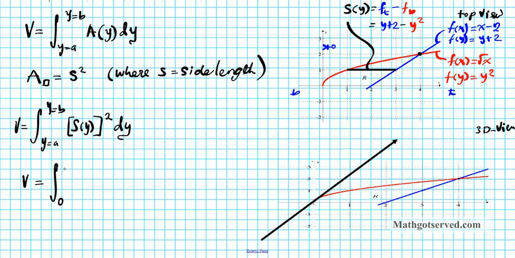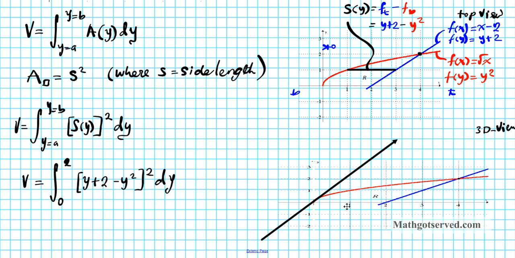So from 0 to 2, s of y squared, s of y is y plus 2, the function on the top, minus y squared, the function on the bottom. That's the length of a side of a square, but we're going to square to find the area, and then find the infinite sum of all those respective squares to generate the volume of the resultant solid. Okay? So that's the answer for number 8.